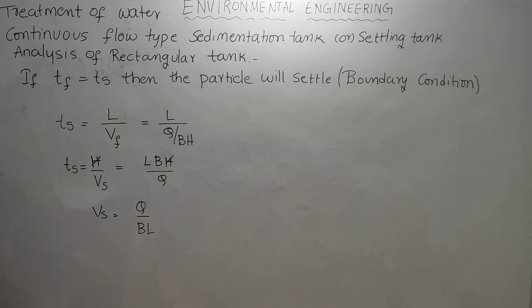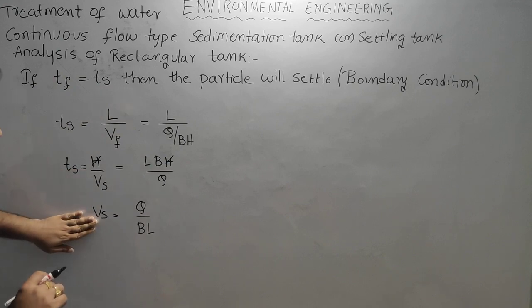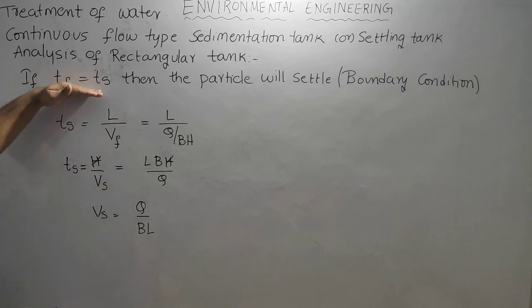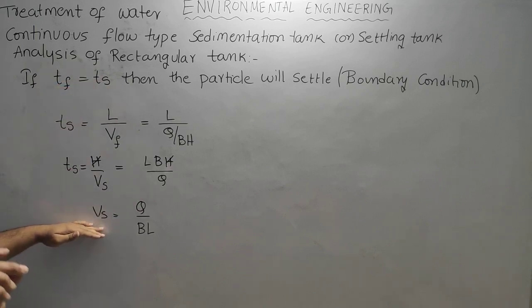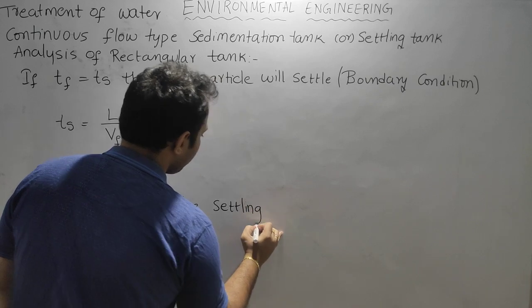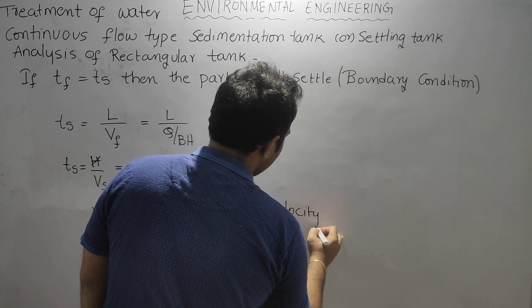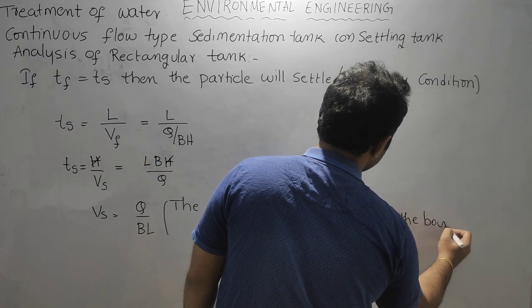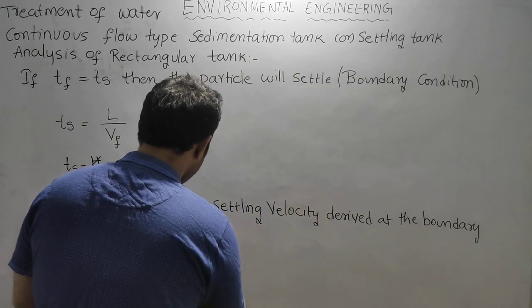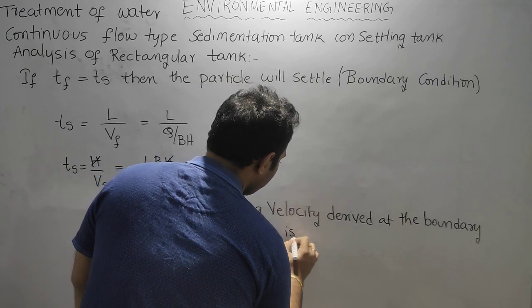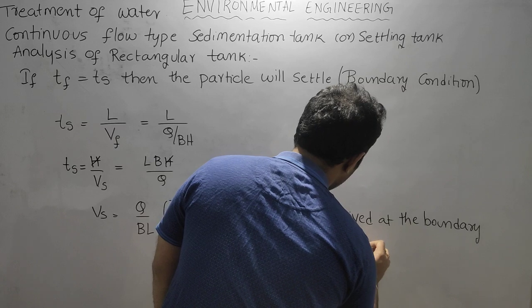This is the settling velocity. But whatever value of settling velocity we derive at this boundary condition, that is Tf equal to Ts, we call overflow velocity or overflow rate.